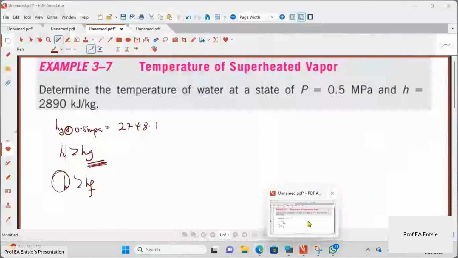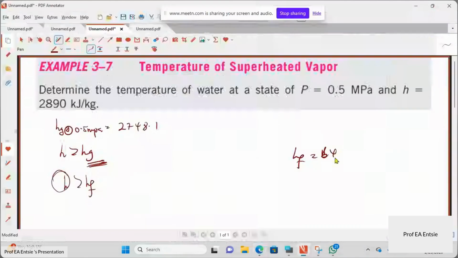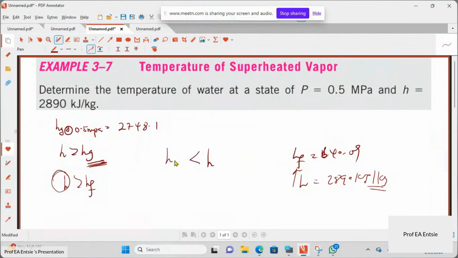And our H that was given was 2890 kilojoules per kilogram. That's the one in the question. This is bigger than Hf, right? It's also bigger than what? Hg. So our H, if it's in between Hf then less than Hg, then we can say our property is within the saturated mixture phase.